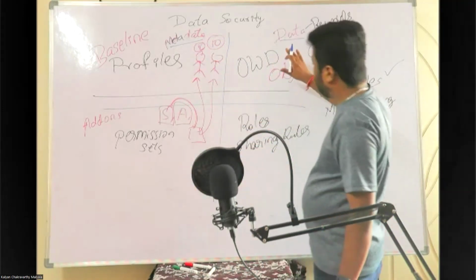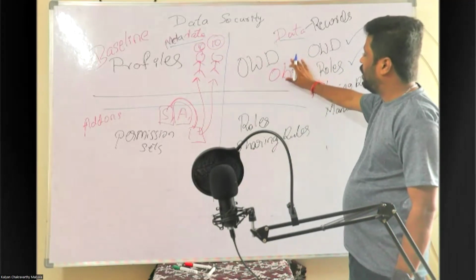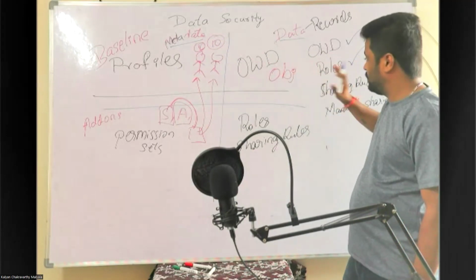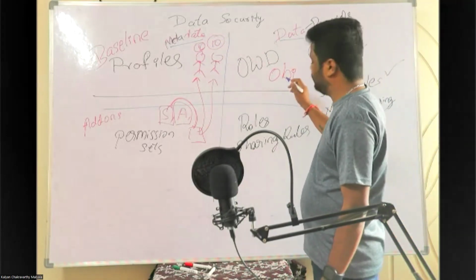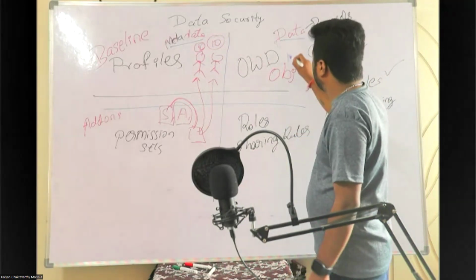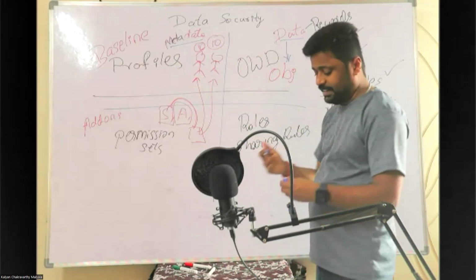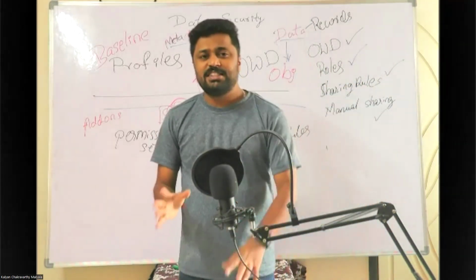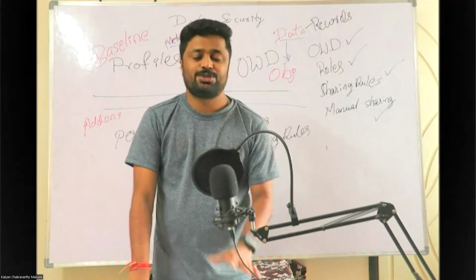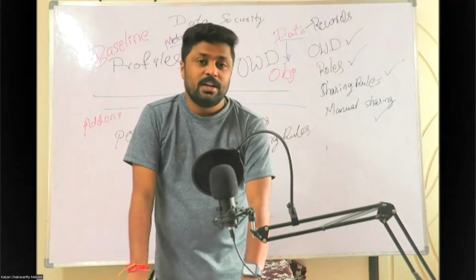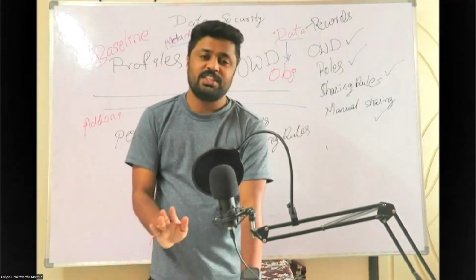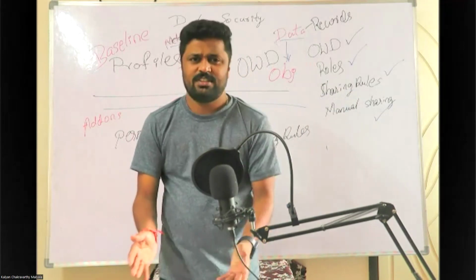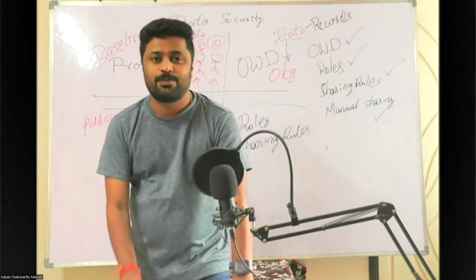Now, let's talk about record level access. Object in the sense records inside these objects, data inside these objects. Now there is a user, a student. Student should see the student object, right? Student can see the student object. Yes or no? Yes.